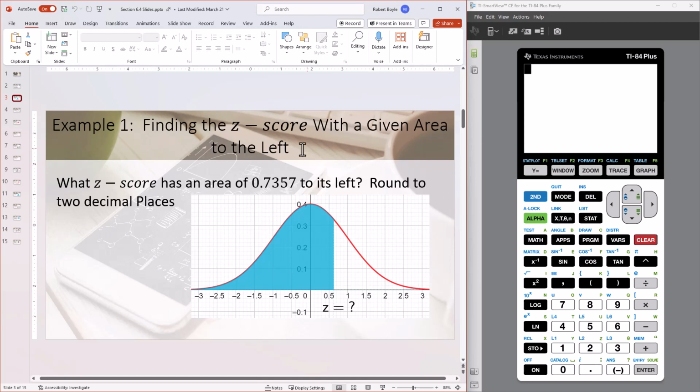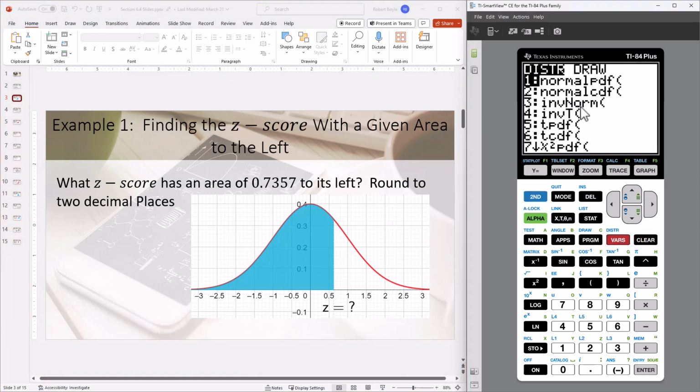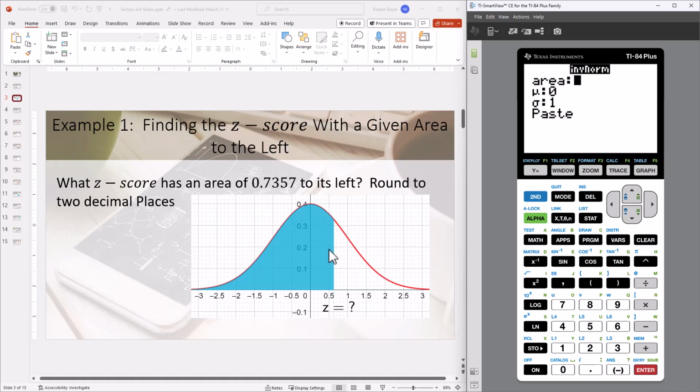To use your calculator, you want to go into the distribution function, namely second VARS, and we are looking for inverse normal, which is this one right here. Hit enter. And notice the first entry here is the area, and this will always be the area to the left.